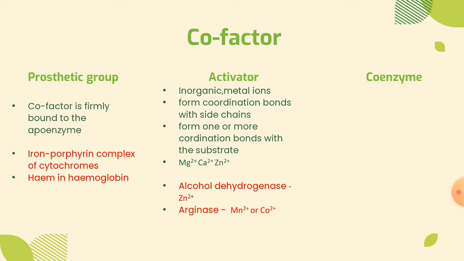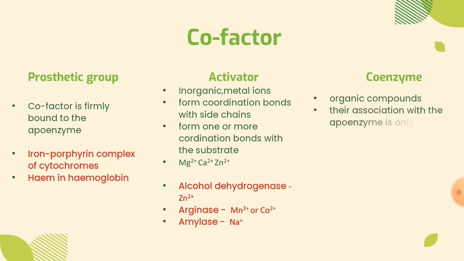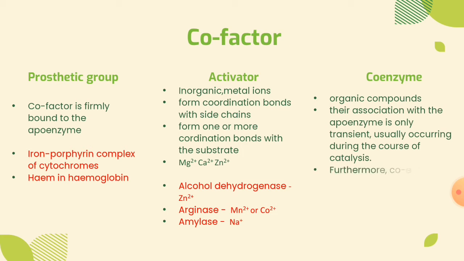The next is the coenzyme. Coenzymes are organic compounds like a B vitamin. Their association with the apoenzyme is only transient, usually occurring during the course of catalysis.